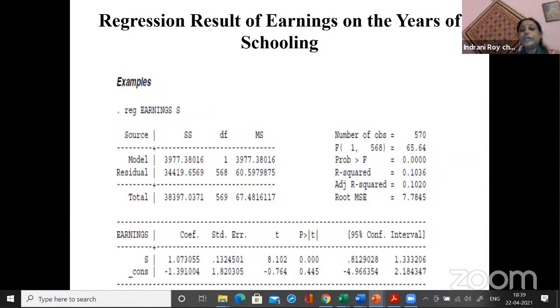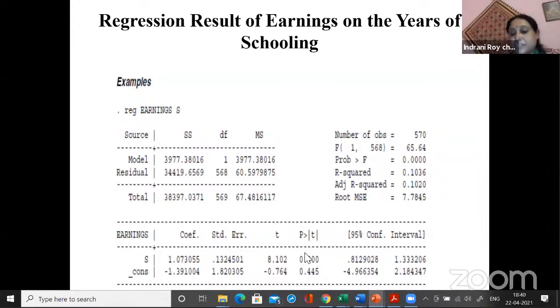Your objective is to reject the null hypothesis so that you can say that the association between years of schooling and earning exists. That means years of schooling can explain a significant variation of the earnings of the individuals.